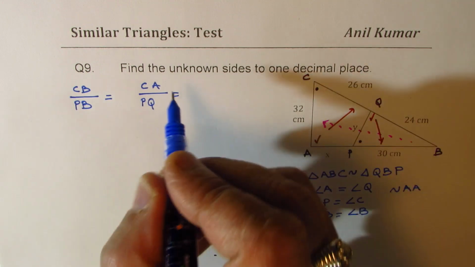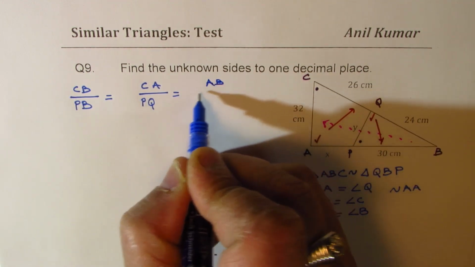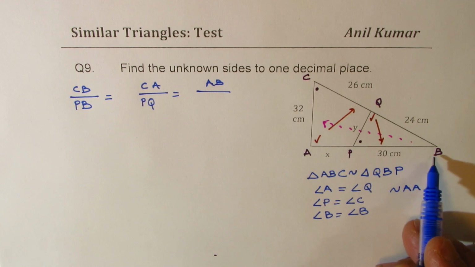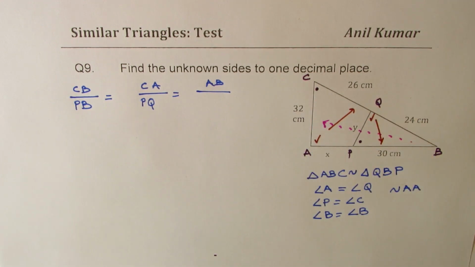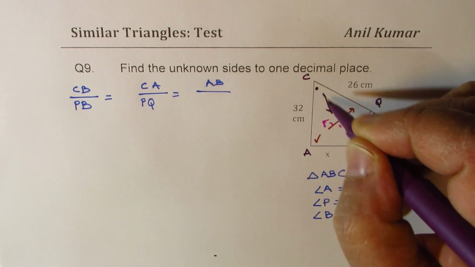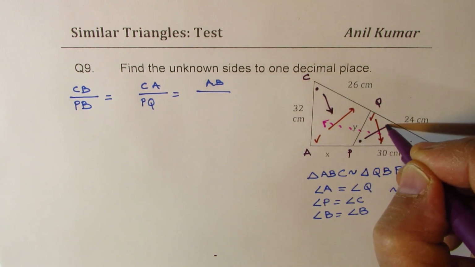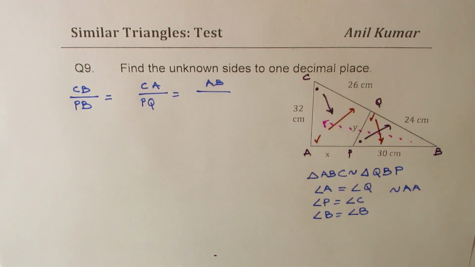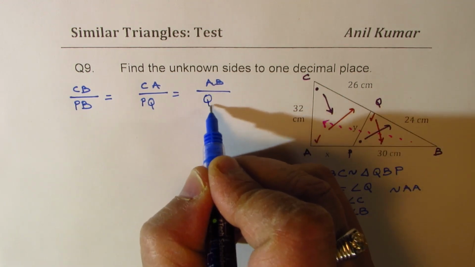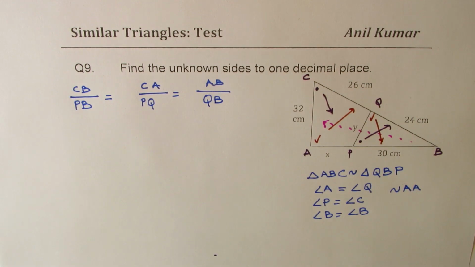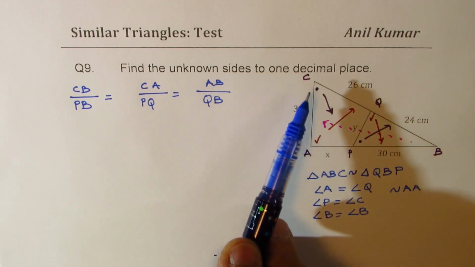Now AB is the third side for the bigger triangle. AB is opposite to this angle. In the smaller triangle, it should be QB, right? So that is over QB. So these corresponding sides have the same ratio. Now let's write down the known values.